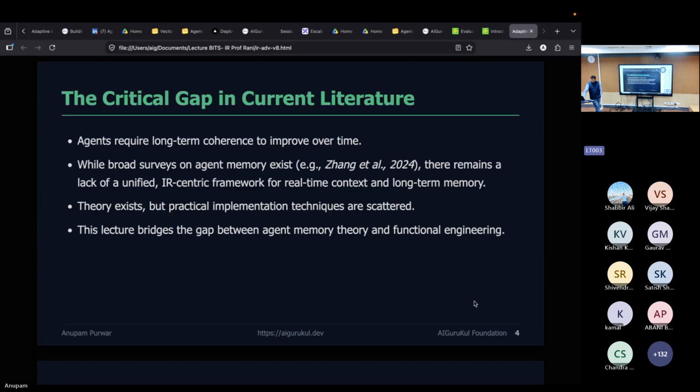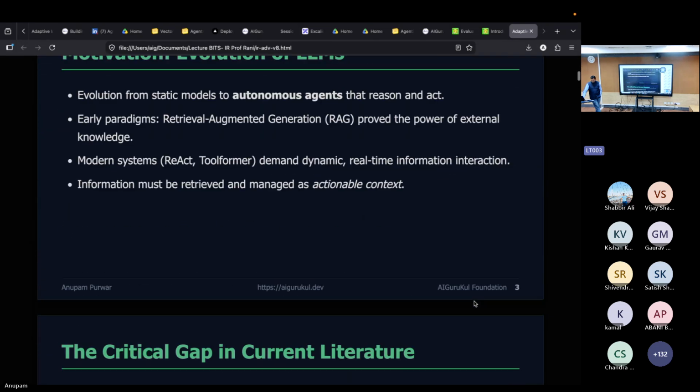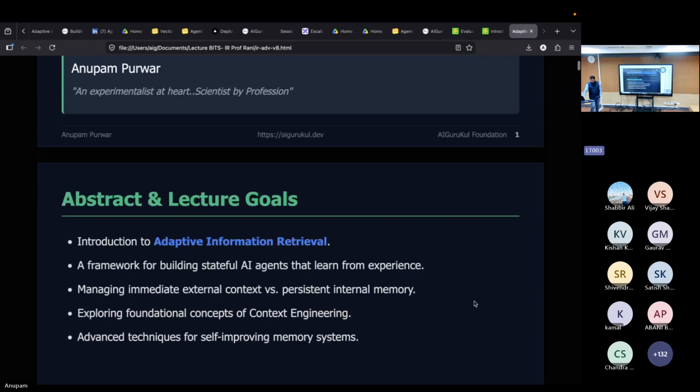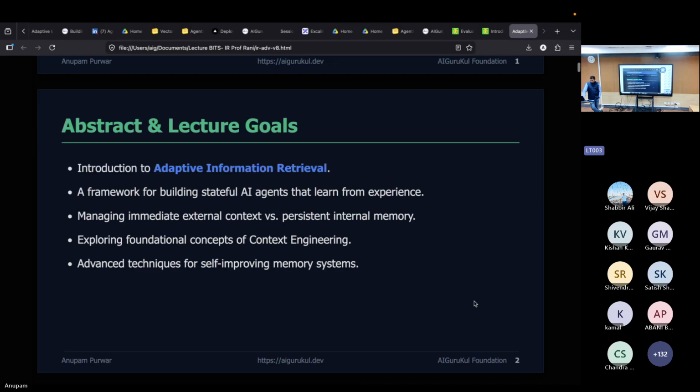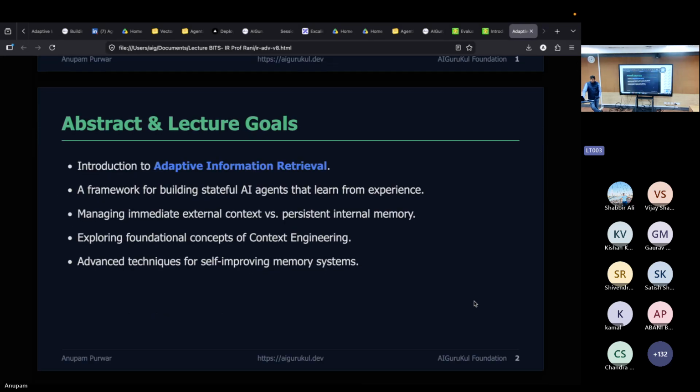That information retrieval is a very, very important aspect of RAG. But how do we retrieve the information in a way that is always optimal? That is where this concept of adaptive information retrieval comes into the picture.